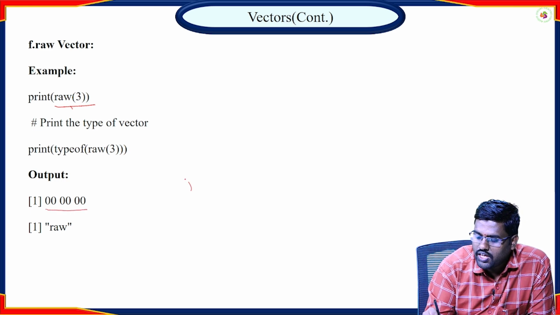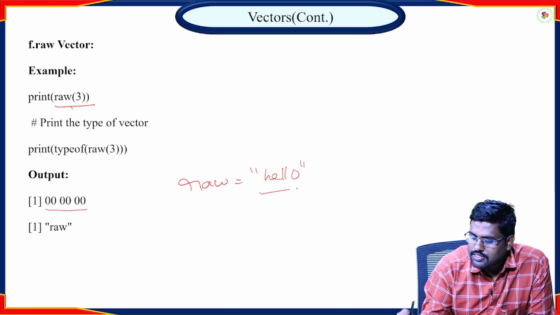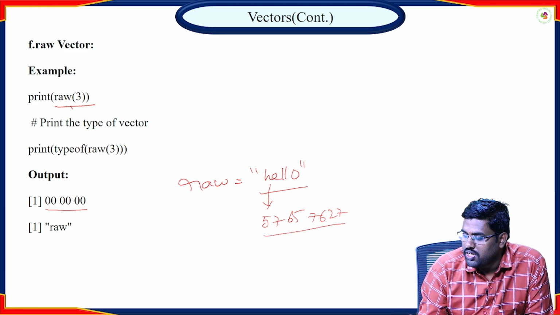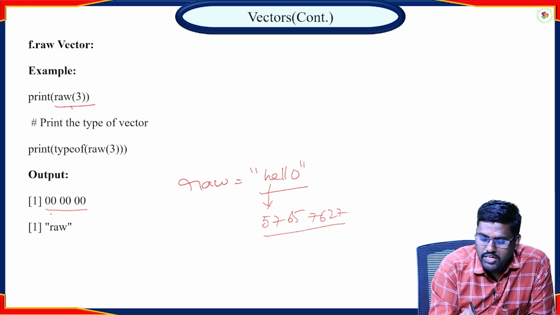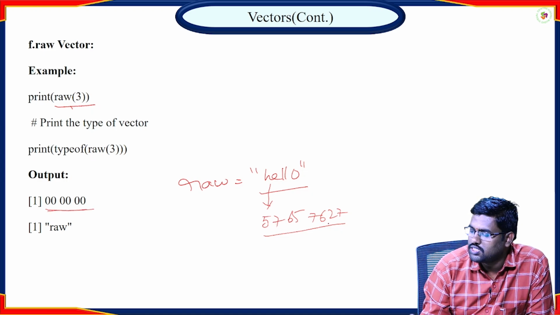For example, if I give raw equal to hello, the relevant values will be taken, like 57, 65, 76, 27, based on ASCII values. These values will be printed in place of zeros.